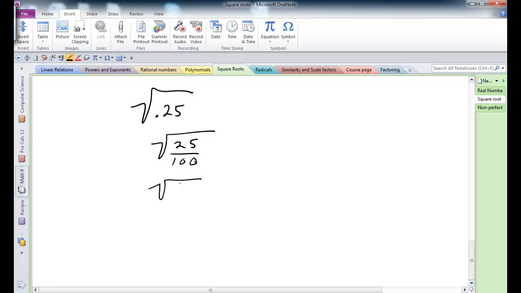So I can convert it to 1/4. Well, the square root of 25 over 100, you'll recognize is 5 over 10. And then if I reduce that down, I would get 1/2. And of course, the square root of 1/4 would be 1/2.